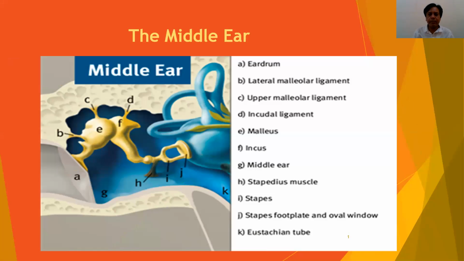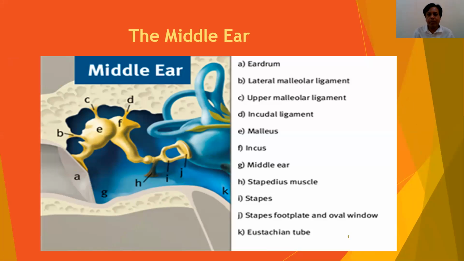So in this diagram, we can see different parts of middle ear. In this, we can see eardrum, though it is part of external ear.